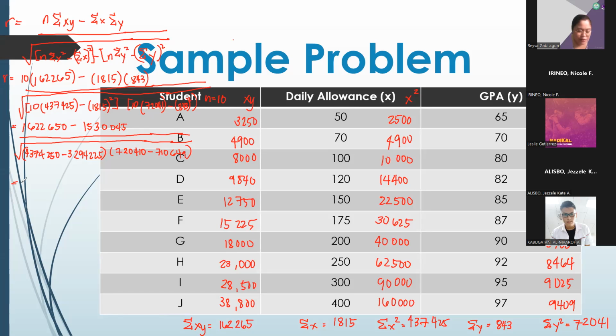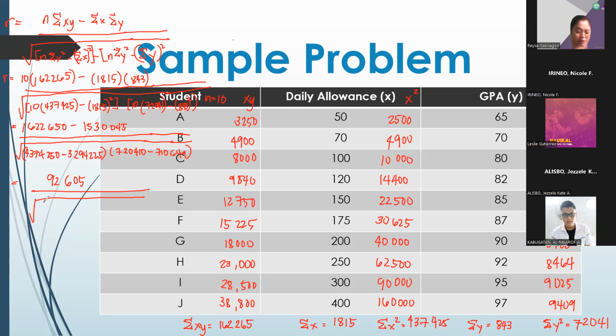1,622,650 minus 1,530,045 is 92,605, divided by the square root of 4,374,250 minus 3,294,225.